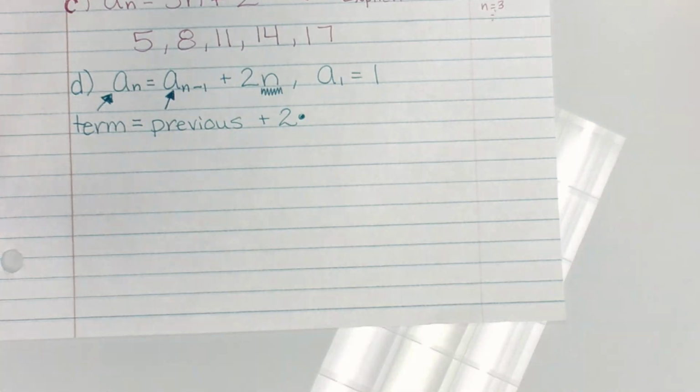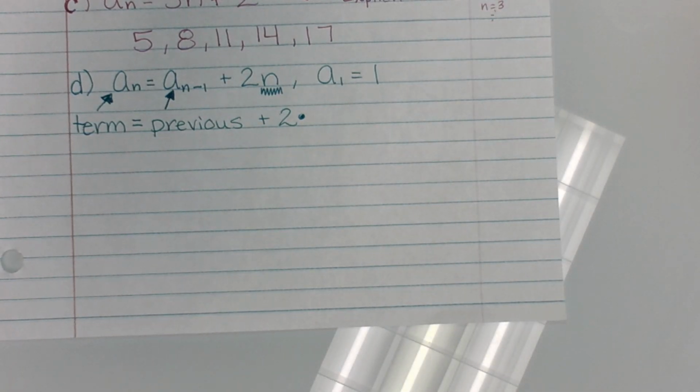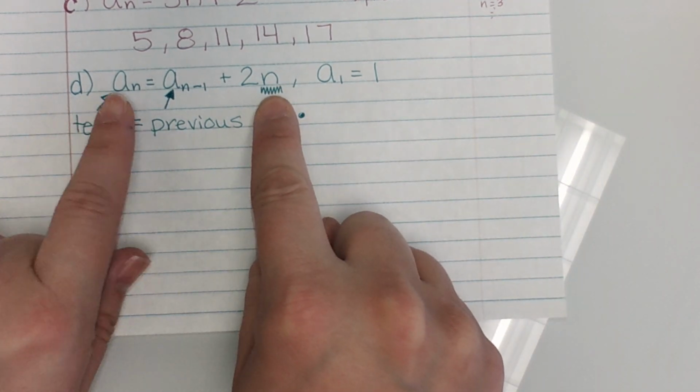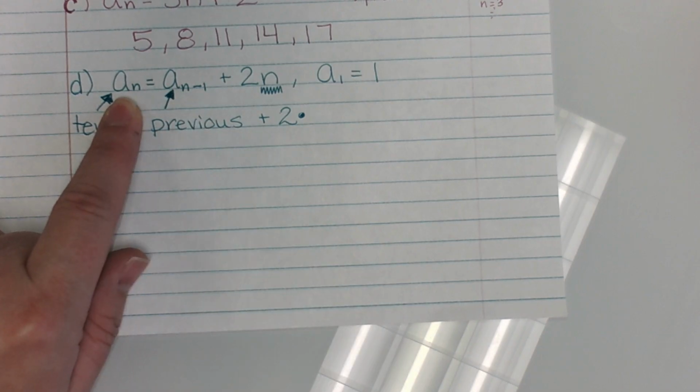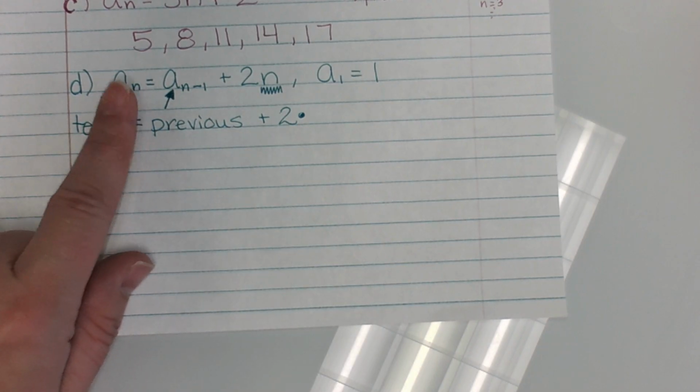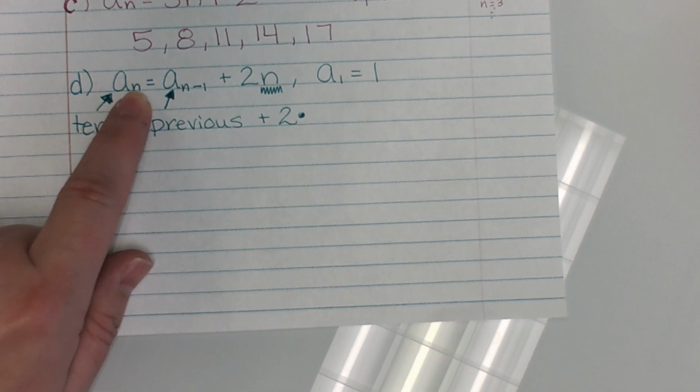This is a position. That's what n represents. But you have to pay attention to which term it's matching the position of. Is this the position of the term we're looking for or of the previous term? Why are you thinking it's this one? Because that's where this is matching. It is matching the n.